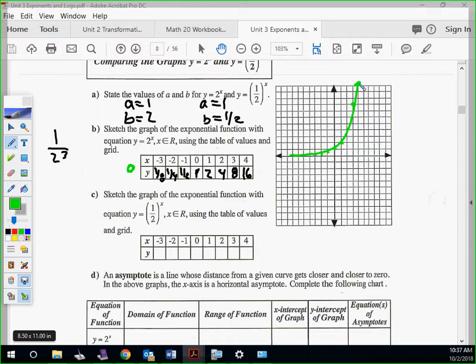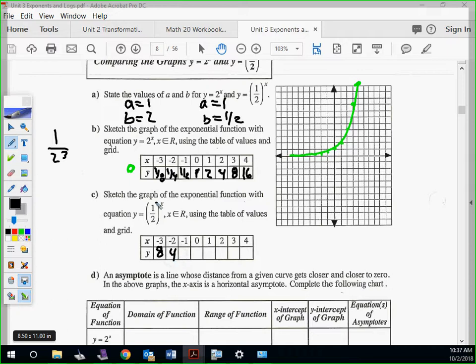Okay, and now we'll look at the 1/2. Now here's the interesting thing. With 1/2, if I put -3 in, that essentially flips the 1/2 to 2 over 1. So it's 2 cubed, so this is 8. Flip it, 2 squared, 4. What do I mean by flip it?